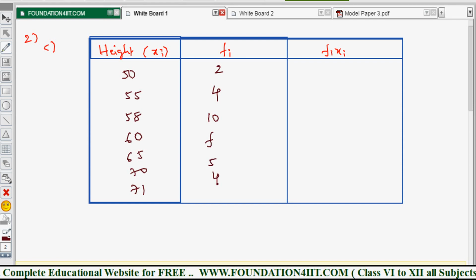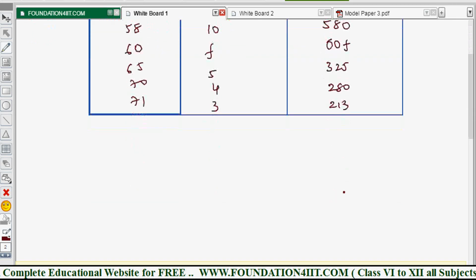Now multiply: 50 into 2 is 100, 55 into 4 is 220, 58 into 10 is 580, 60 into f is 60f, 65 into 5 is 325, 70 into 4 is 280, and 71 into 3 is 213. Right, now just apply the mean formula.